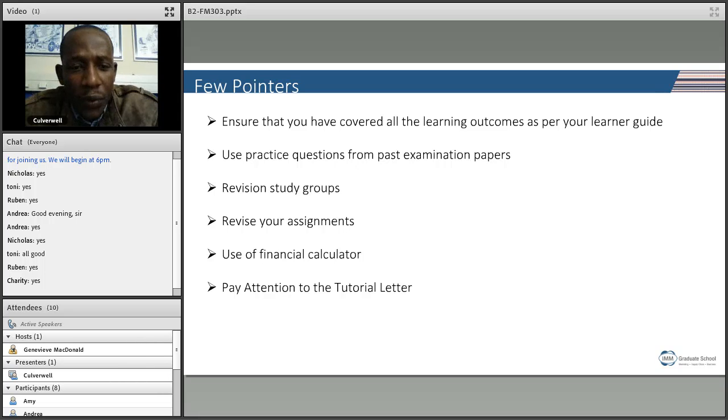You should also just quickly revise your assignment. On question 2, if I remember well, it had 65 marks. What that means is they've extensively examined you on FM3 on question 2 or Unit 2. So as you revise your assignment, try to pick the comments that you were making and also the flow of your assignment.